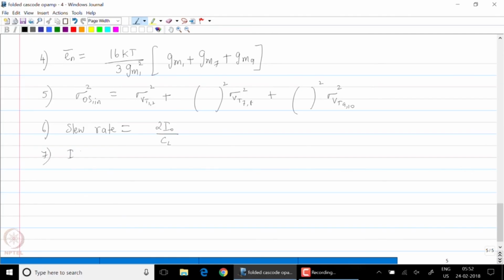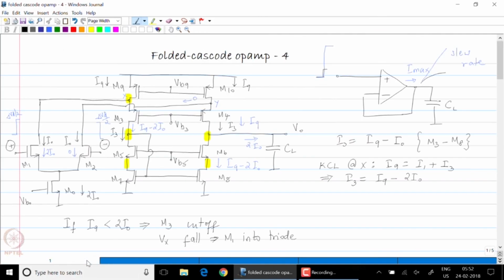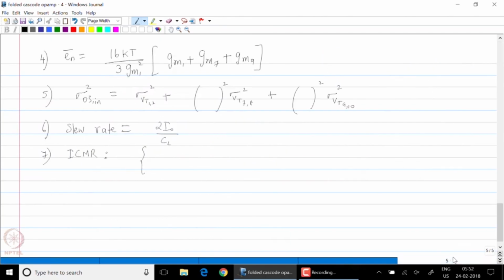The input common mode range, we have seen this. The input common mode range is decided by when M0 goes into triode and when M1 goes into triode. As the voltage keeps decreasing, M0 will eventually hit the triode region when the input common mode range is VDSat0 plus VGS1.